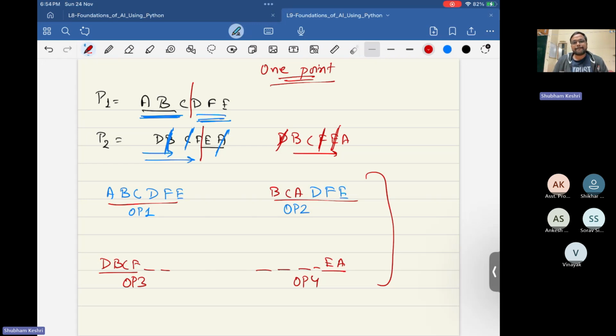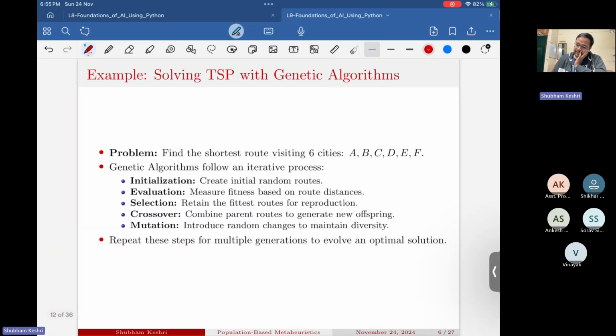Is that all right? Okay, so I assume it is all right. So I have given one example of the traveling salesman problem: initialization, evaluation. When we say evaluation, it means the objective function value of that individual.